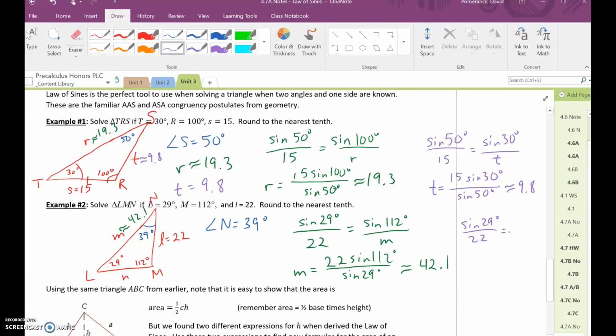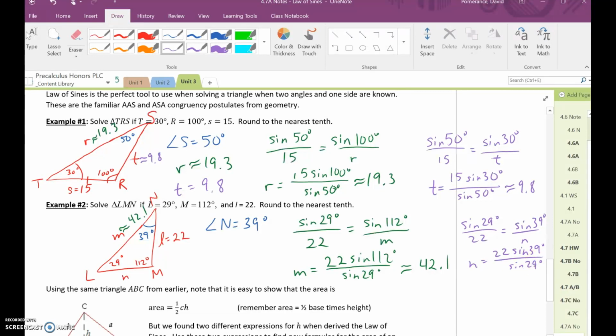But this time, instead of using 112, I'm going to use 39. Sine of 39 degrees over side n. So solving for n, we multiply by n, we multiply by 22, and we divide by sine of 29.